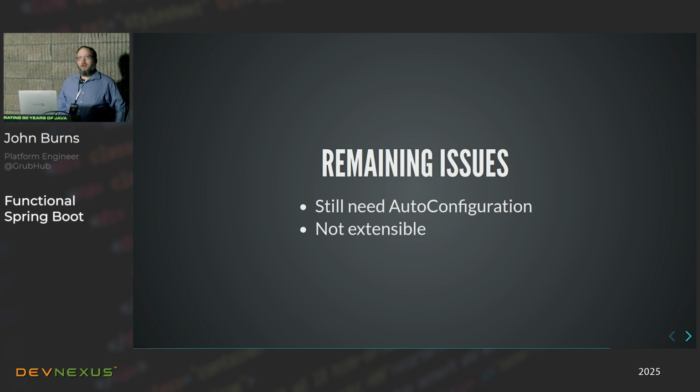So how many of you, and I'm not expecting this to be a high number, write code that is a library that declares Spring Boot auto configurations or something like that, that you deliver to other developers to use as a library or a framework? Okay, yeah, there's a handful.